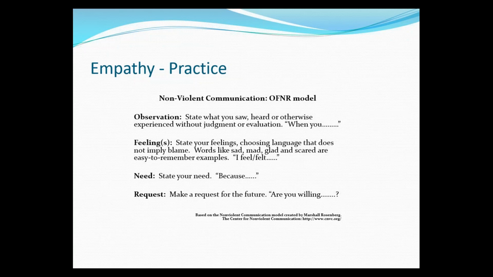I have a need for greater clarity, or, let's say someone in the meeting all of a sudden starts speaking really angrily or loudly, and you might be able to say, "I felt threatened or anxious.